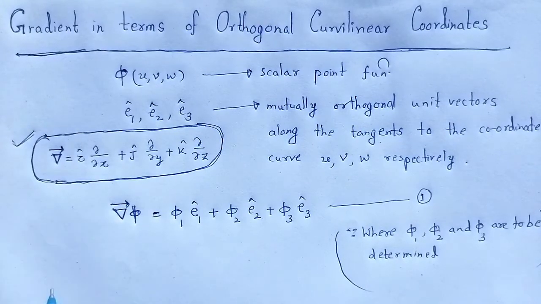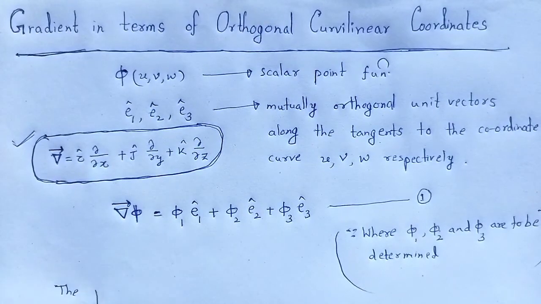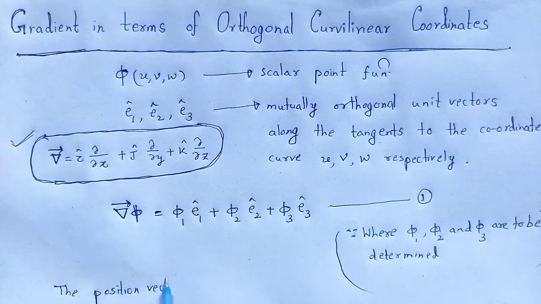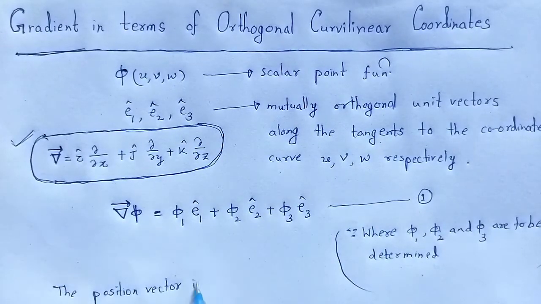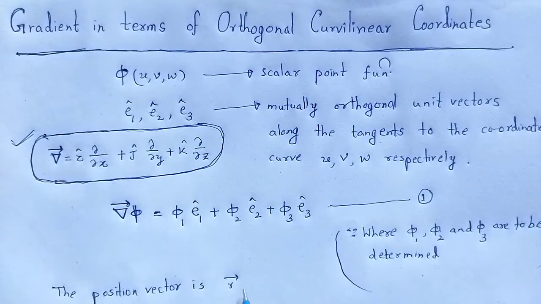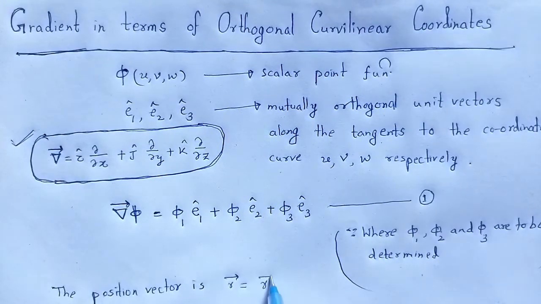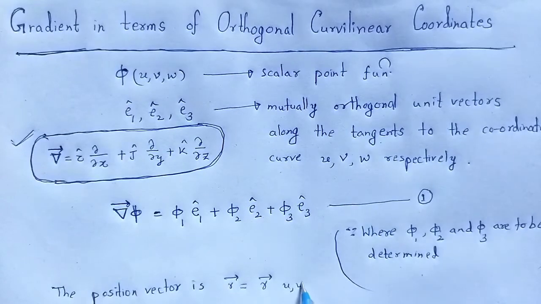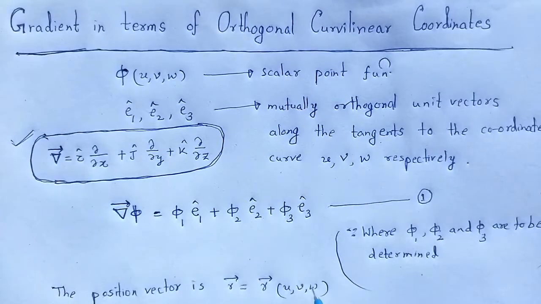The position vector is r vector, and r is a function of u, v and w.